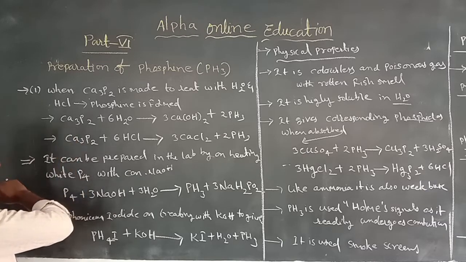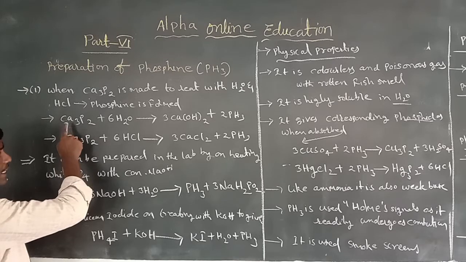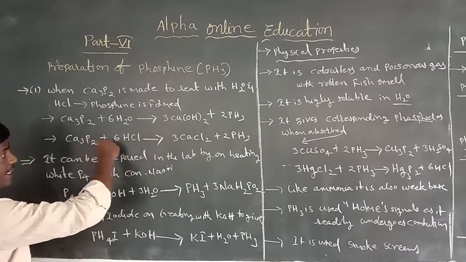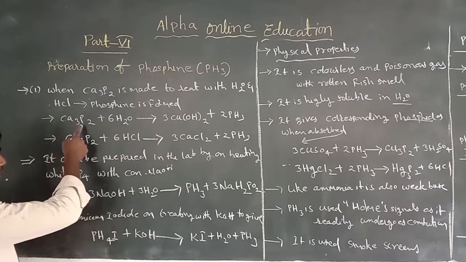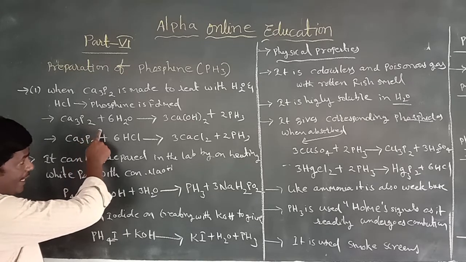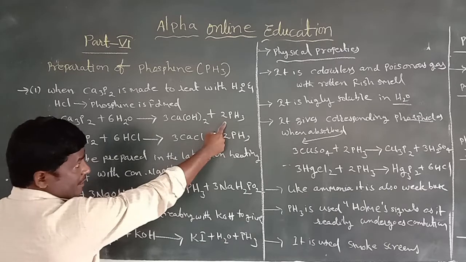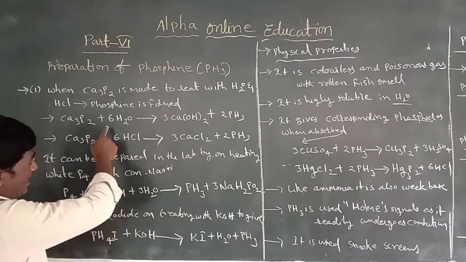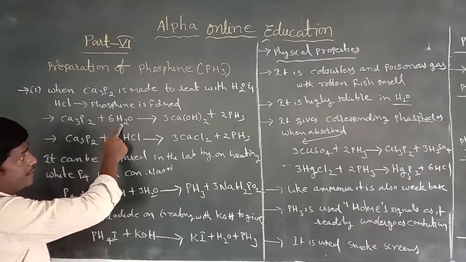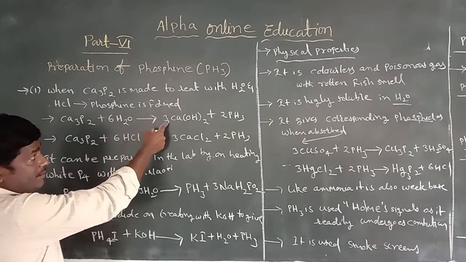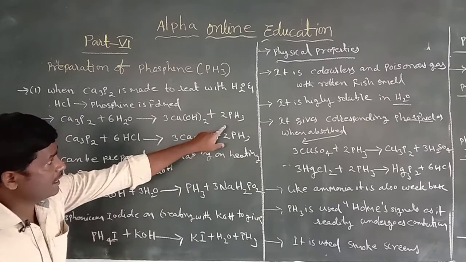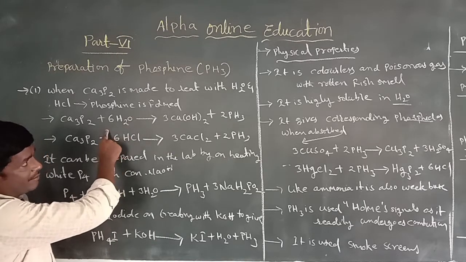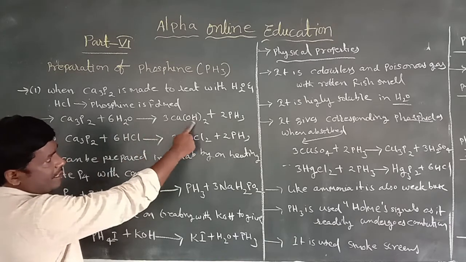The reactant has 3 calcium atoms and the product has 3 calcium atoms, so calcium is balanced. Next, phosphorus: 2 atoms exist in the reactant and 2 atoms in the phosphine product, so it is balanced. Hydrogen: 6 into 2 gives 12 hydrogen atoms in the reactant, and in the product 3 into 2 is 6, plus 6, gives 12, so hydrogen is balanced. Oxygen has 6 atoms in the reactant and 3 into 2, 6 atoms, in the product.